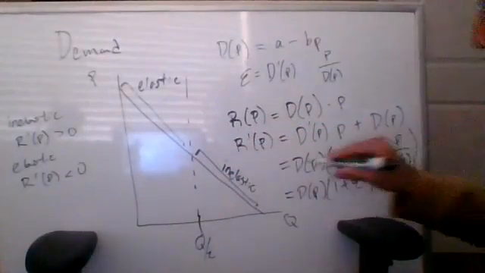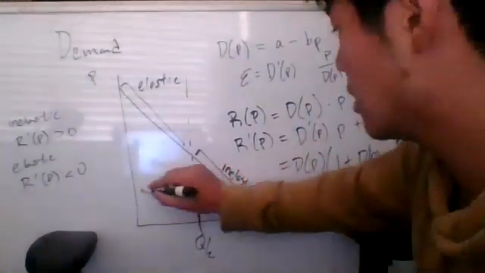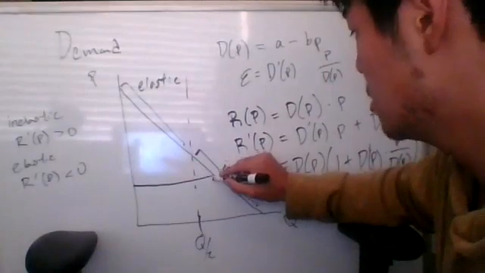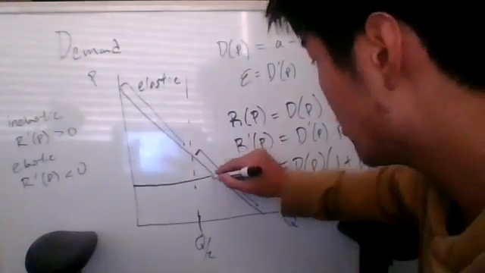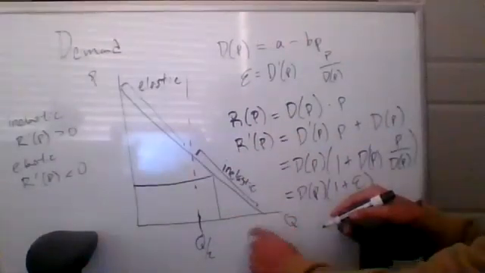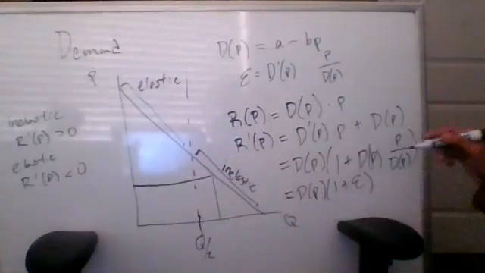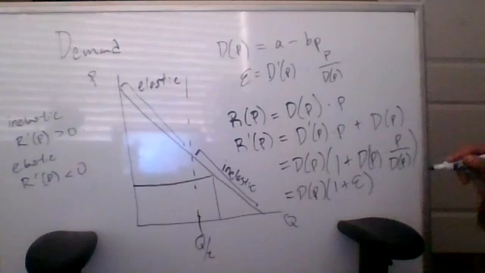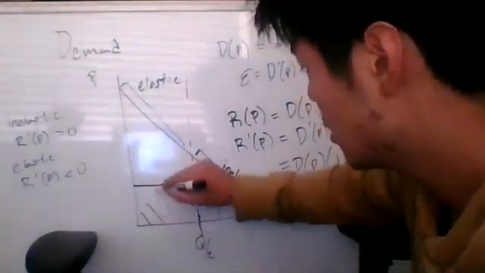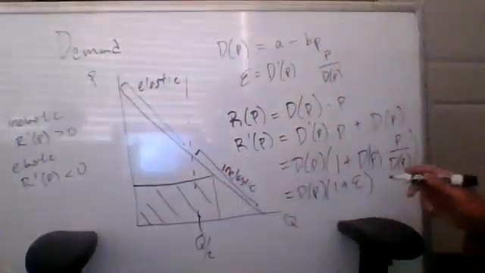And so maybe I can show you guys on a graph how we can prove this, right? So let's say that prices are currently right here, and quantity is right here, okay? So the revenue that we're currently making is going to be this rectangle right over here.